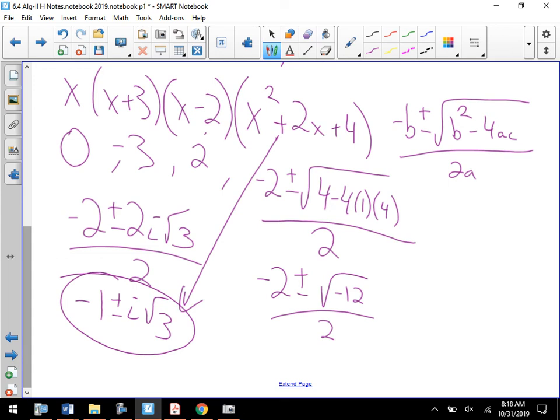How many zeros did we just find? 4. It's 4. It's 5. Wait, why did you have the plus or minus? 1 little, 2 little, 3 little zeros, 4 little, 5 little total zeros. Wait, what? Plus or minus. Plus or minus.